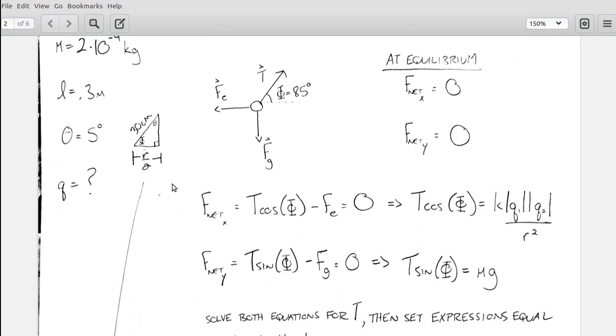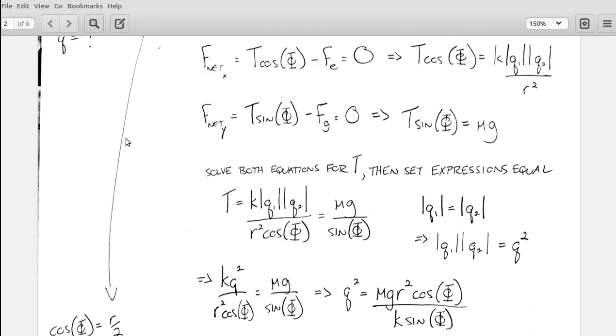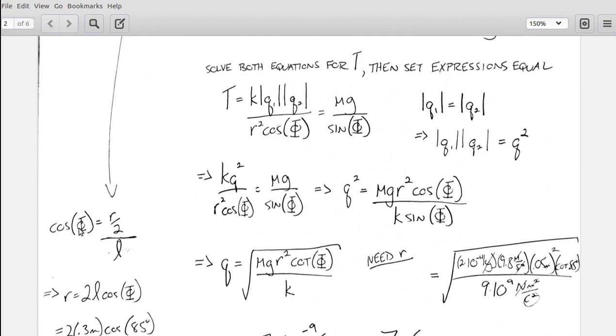So what trig function would you like to use? I want to use phi because I have the adjacent side and the hypotenuse. So I'm going to write cosine phi is equal to the adjacent side, r over 2, divided by the hypotenuse, which is L. So I know phi, I know L, I can use this to solve for R.